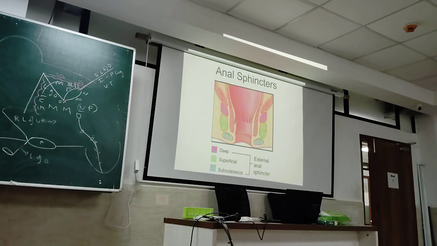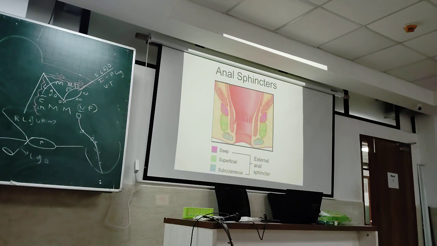If you notice, that smooth muscle extends only to the upper part of the anal canal, not to the lowermost part. So in between the blue color and the brown color region, brown color is the internal sphincter and the blue color is the subcutaneous sphincter.